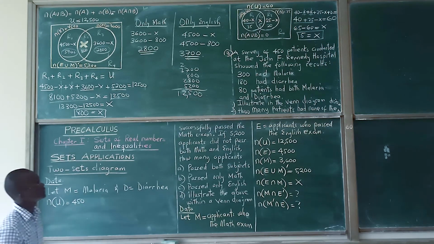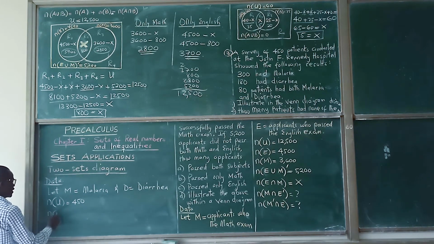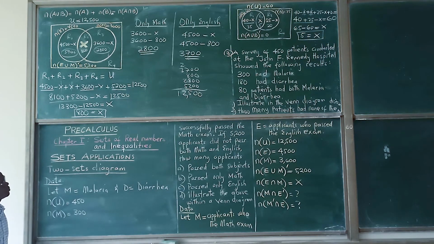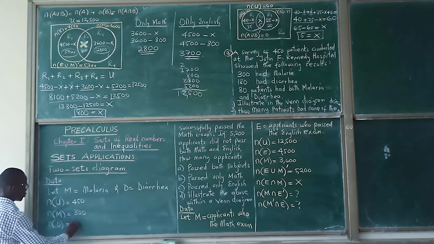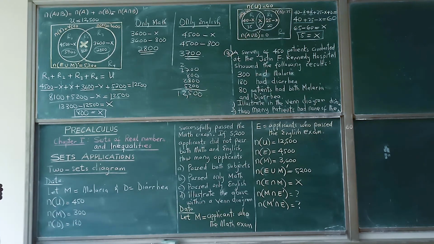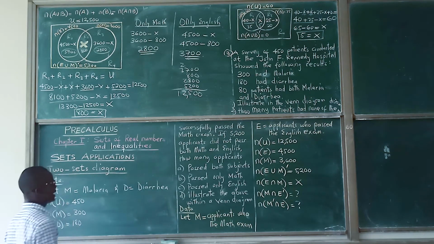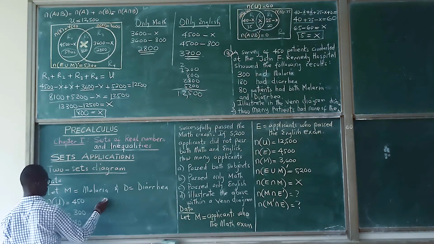Secondly, it said 300 patients have malaria. So the number of persons with malaria is equal to 300. The number of patients with diarrhea is equal to 180. And also 80 patients had both malaria and diarrhea, so it means the intersection.